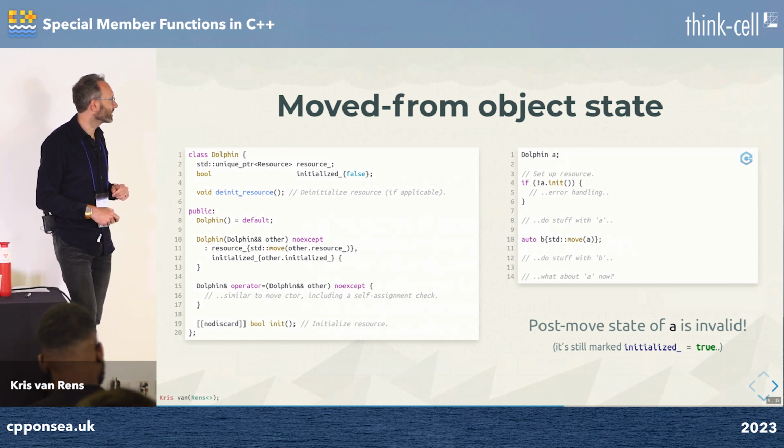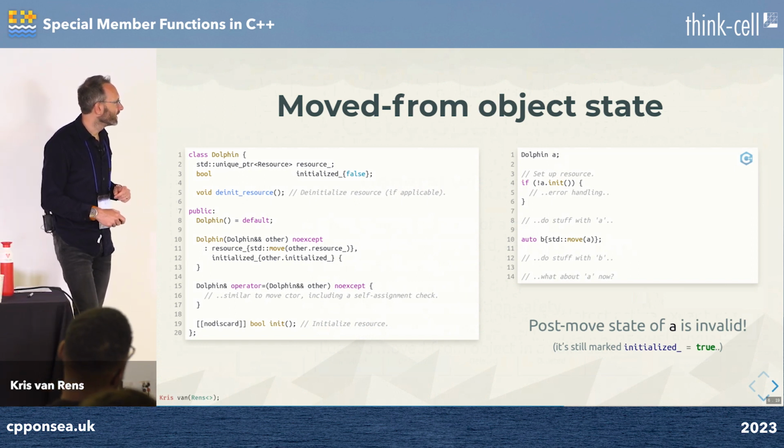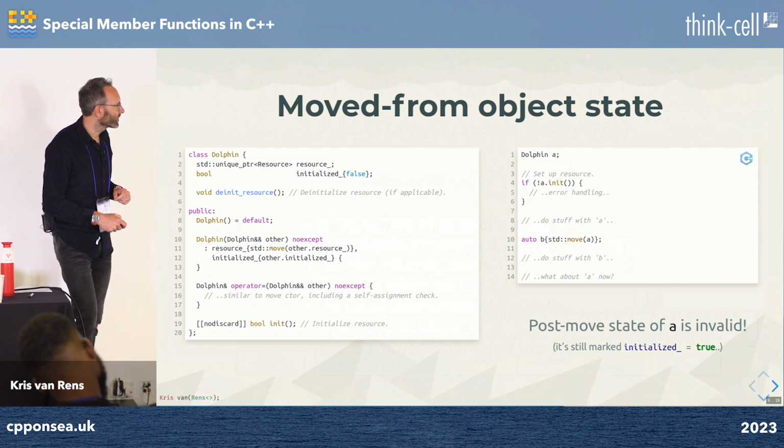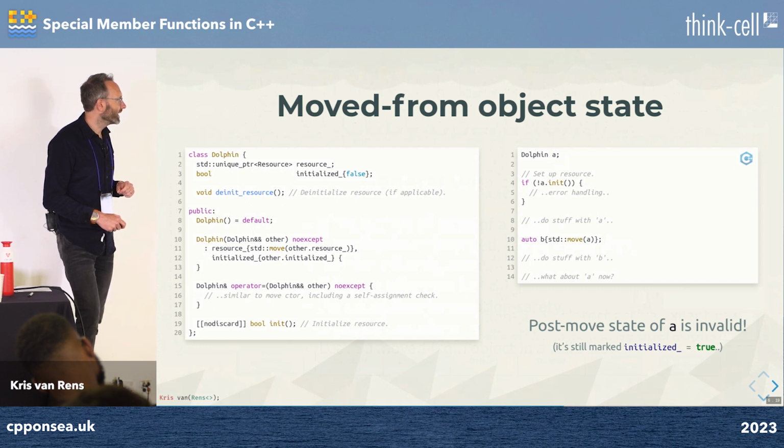But I forgot something. Because here on line 10, we take A, which was created, it was properly initialized, so during initialization, probably this initialized flag was set to true, and all was fine. And now we're moving A into B, and we leave A in a moved-from state.